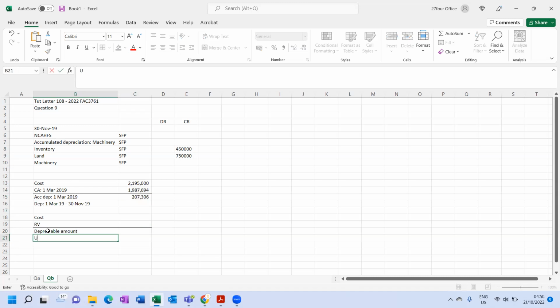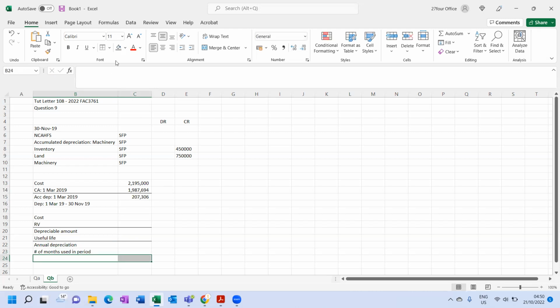Then with useful life, that gives annual depreciation. Then the number of months used in the period gives depreciation for the period.